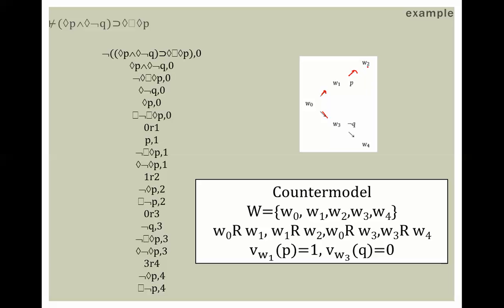If I wanted to draw this going the other way or something like that, that's totally fine. And then I see world 3 is related to world 4, so I do that, and nothing else is related to world 3. And those are all my relations. So I have all the worlds pictured out. The only thing I have to worry about now is what's true at which world. At world 1, p is true, so at world 1 I'll write a p close to world 1.